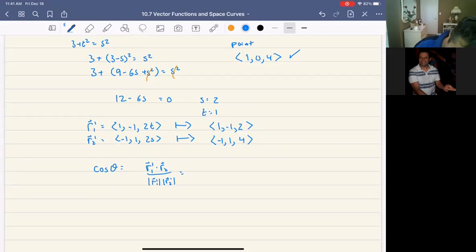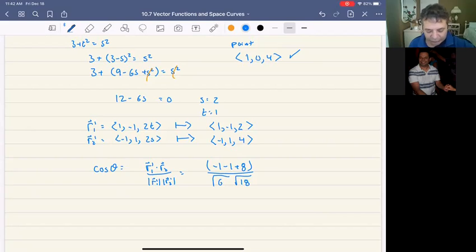So in the numerator, we're going to get -1 minus 1 plus 8 divided by the square root of 4 plus 1 is 5 plus 1, square root of 6, times the square root of 1 plus 1 plus 16, square root of 18.